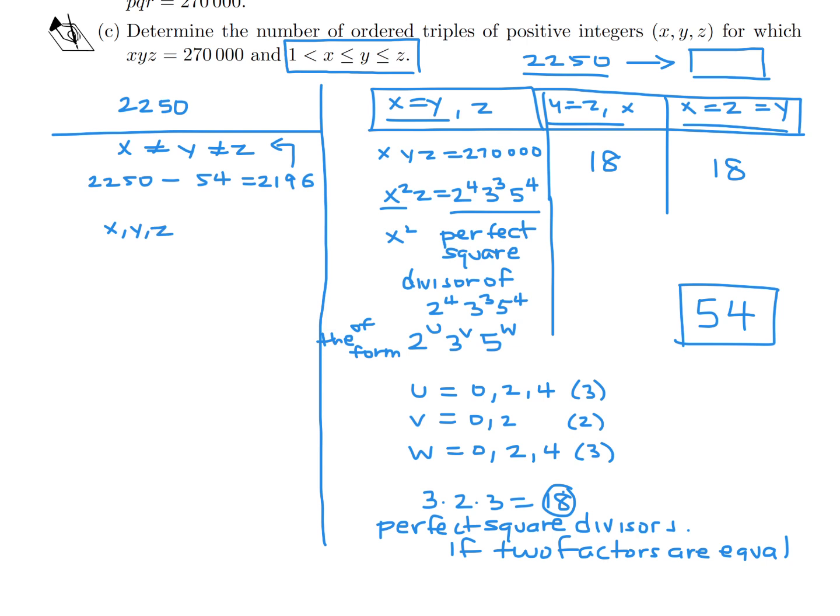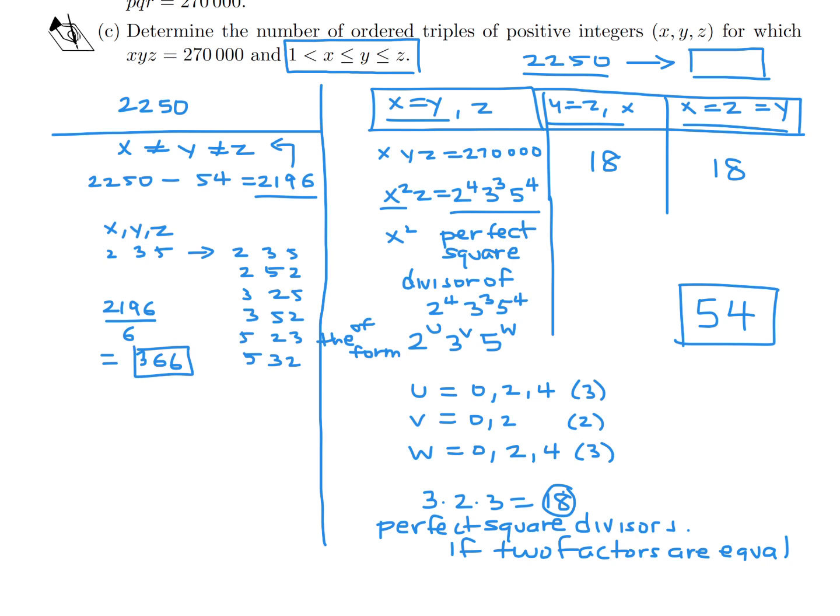For example, let's say you have 2, 3, and 5. There's 6 ways of making that: 2, 3, 5; 2, 5, 3; 3, 2, 5; 3, 5, 2; 5, 2, 3; and 5, 3, 2. You see what I mean? So that 2196 overcounts by a factor of 6. We have to divide by 6 to get 366. So the 366 is something we need to narrow it down to.